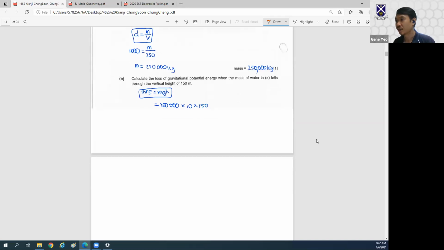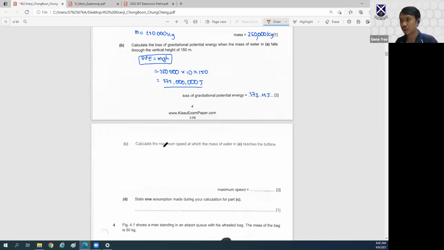So if I know that the GPE loss from falling is going to change into the kinetic energy of water going into the turbine.